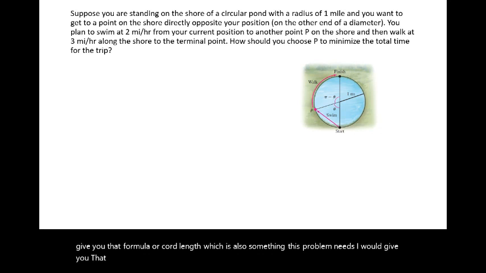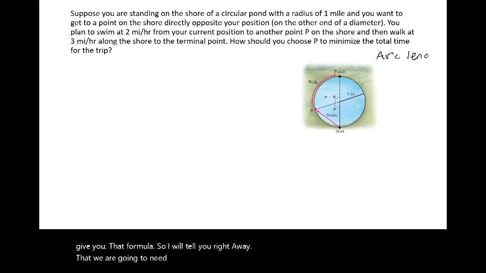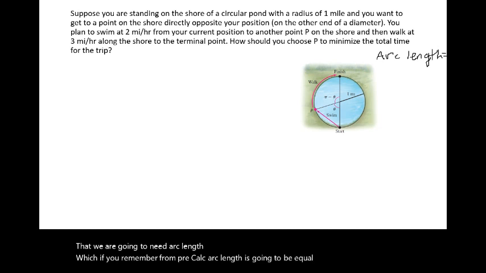So I will tell you right away that we are going to need arc length, which, if you remember from pre-calc, arc length is going to be equal to r times the central angle theta.